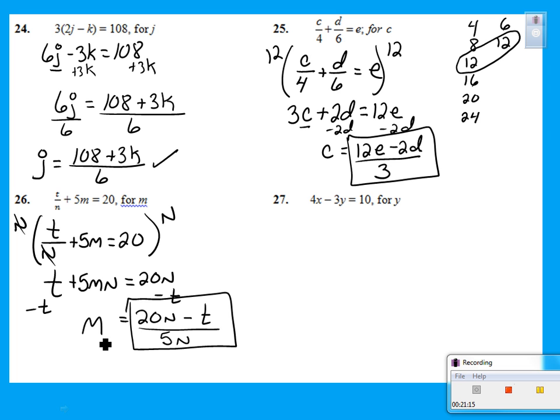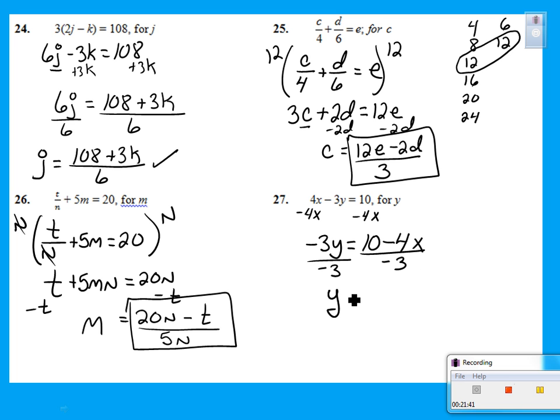And my last one, I'd like to get y by itself. So do any addition or subtraction first. I need to subtract 4x from both sides. So I now have negative 3y equal 10 minus 4x. I need to divide both sides by negative 3.